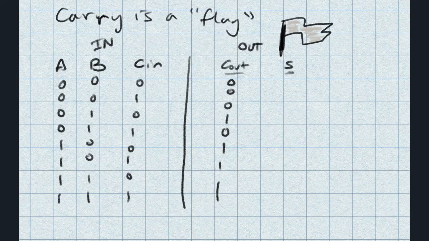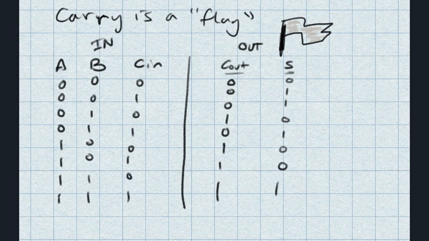Then the S, the sum, is equal to 0 when everything is 0. It's equal to 1 anytime there's a single 1. And then it's going to be equal to 0 if I get two ones, because it's overflowing. It looks like it's a different number than it is.